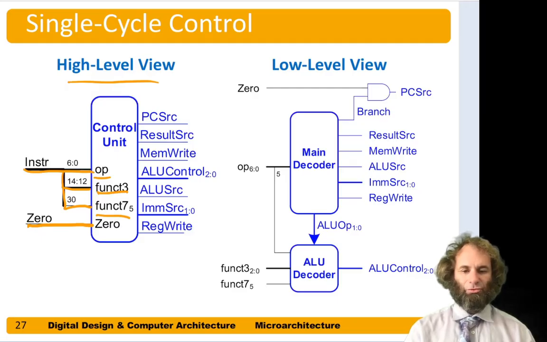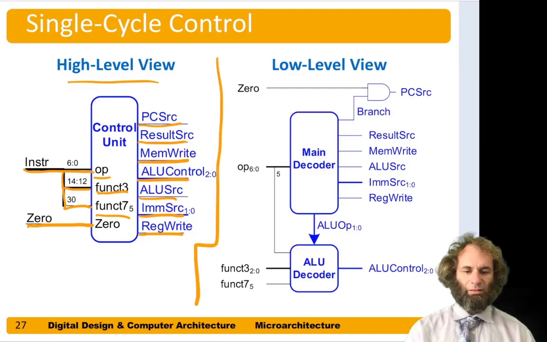The outputs of the controller are the write enable signals, reg-write and mem-write, to the two memories, the ALU control signal to tell the ALU what to do, and the multiplexer selects PC source, result source, ALU source, and immediate source to tell the other parts of the data path what values to select.